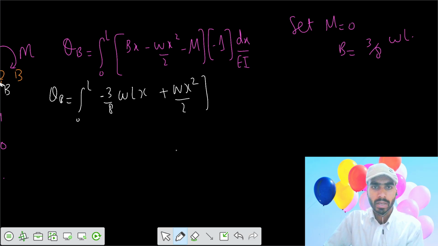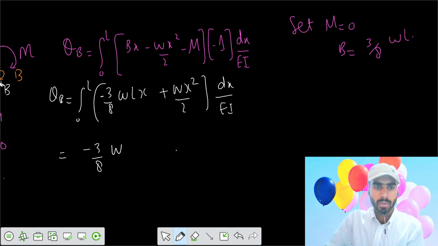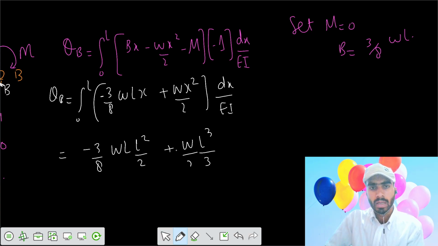Then you integrate it, dx by EI. This is minus 3 by 8 wL times x square by 2, that's L square by 2, and here plus wL cube by 3.